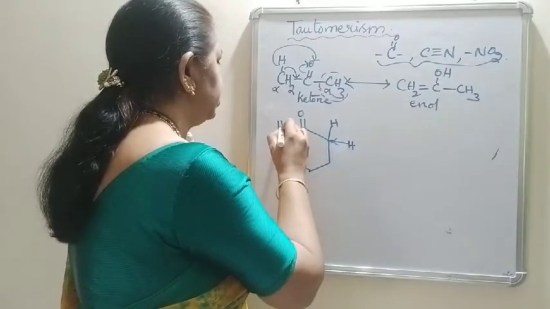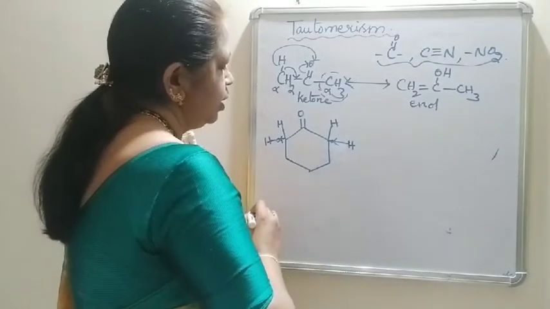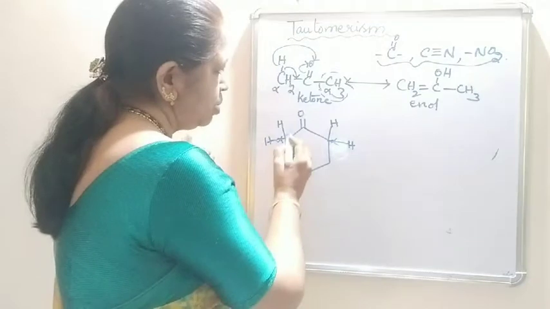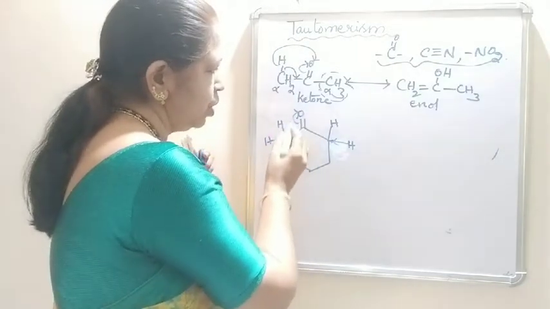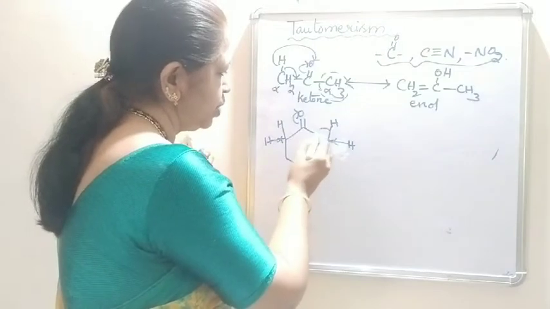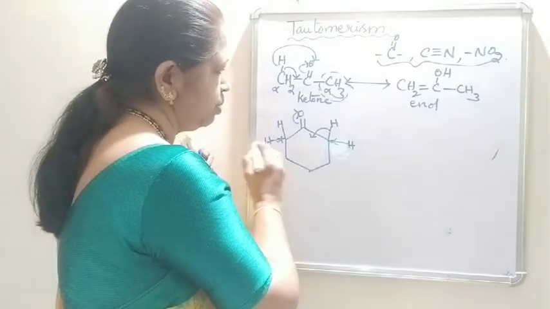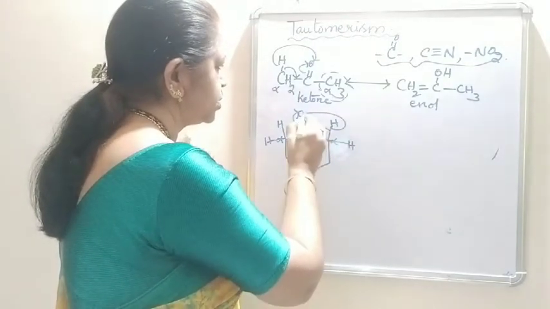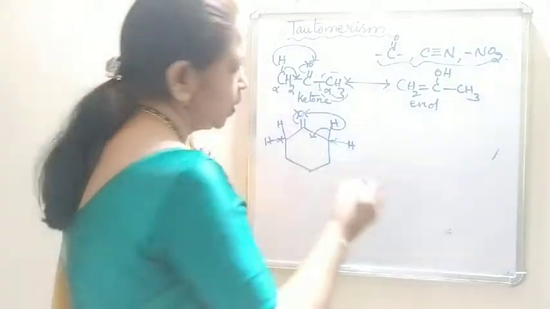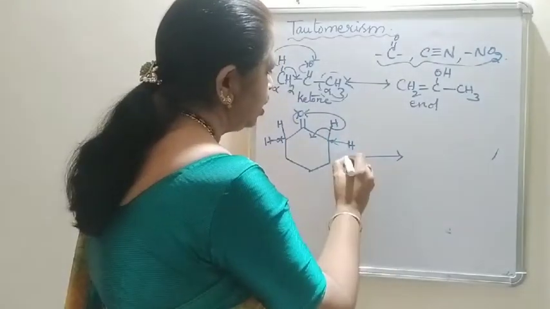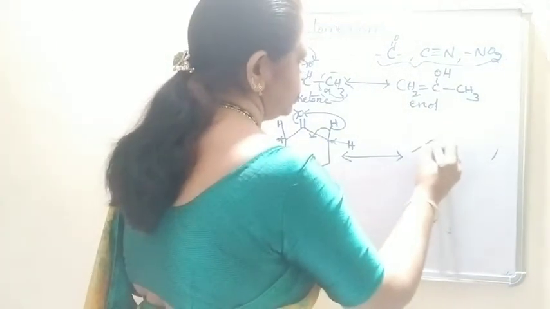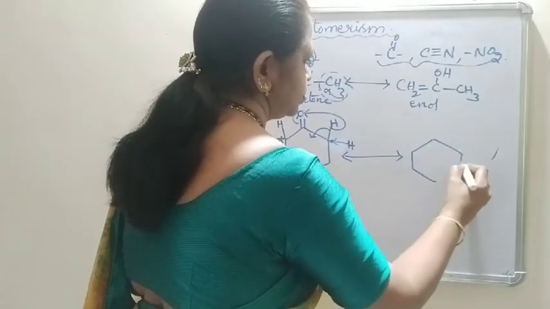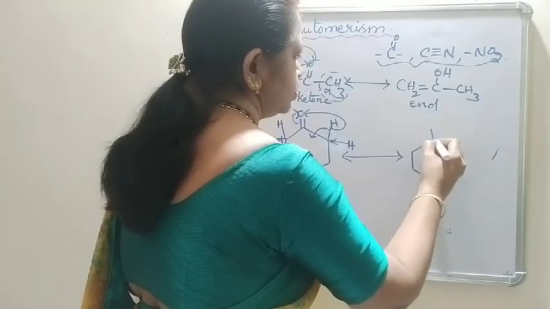Here this bond is a polar bond, so the pi bonded pair of electrons moves to oxygen, and the sigma bonded pair will come inside and form the double bond, and this proton migrates towards the oxygen. So its enol form has a double bond inside within the ring, with OH.